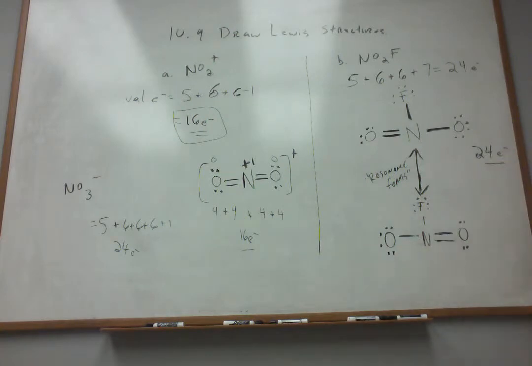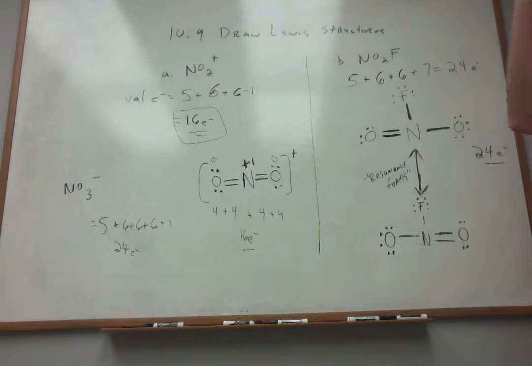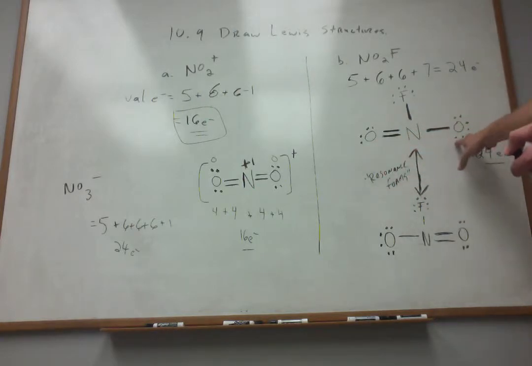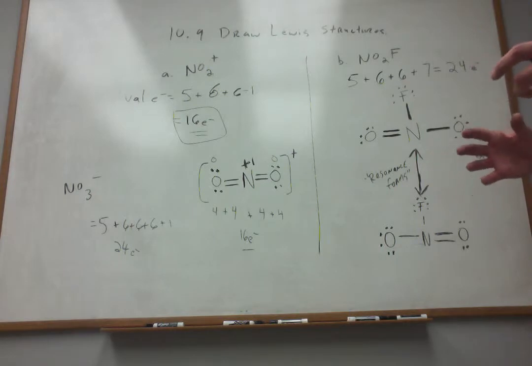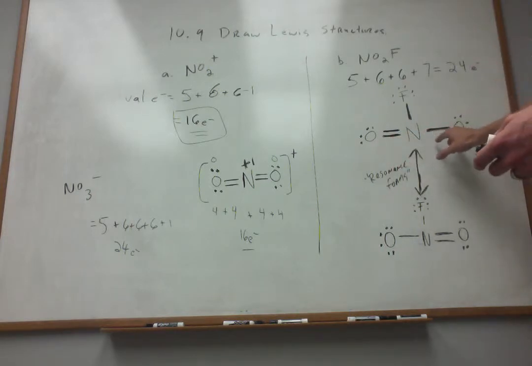Now, why in the world is that important? It's important because if you were to go into a lab and try to make measurements that differentiate between this bond and this bond, you'd have a really difficult time doing that. You can do complicated experiments where you put a certain isotope of oxygen here and a different isotope over here and try to figure out which one's the double bond and which one's the single bond.